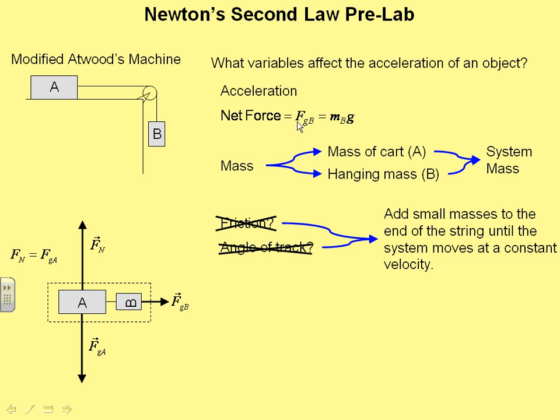And we can control how much net force we have just by controlling how much mass we put on the end of the string. We can also control the total mass of the system by how much mass we add in there. So that makes net force and mass both independent variables, and therefore acceleration will be our dependent variable.